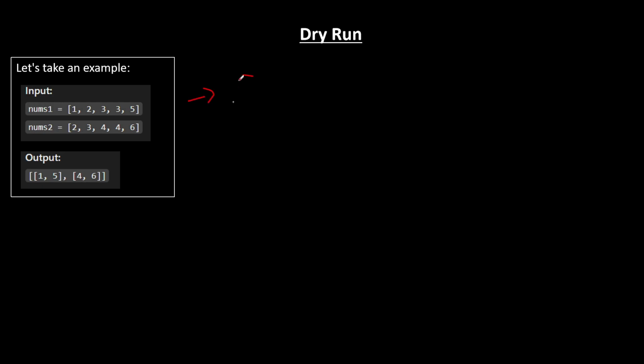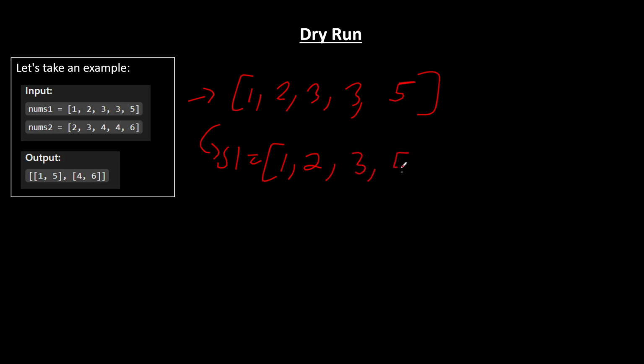In this case, we have 1, comma 2, comma 3, 3, and 5. Great. We convert it to a set. What do we get? We get 1, 2, 3, and 5. Fine. Now for the second, we get 2, comma 3, comma 4, comma 4, comma 6, and we convert it to a set.